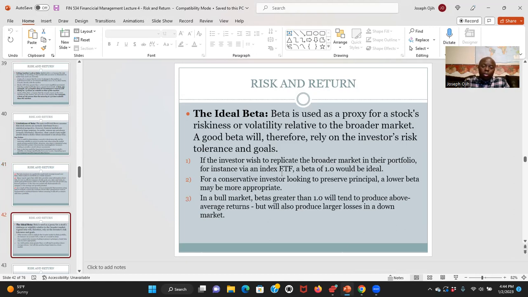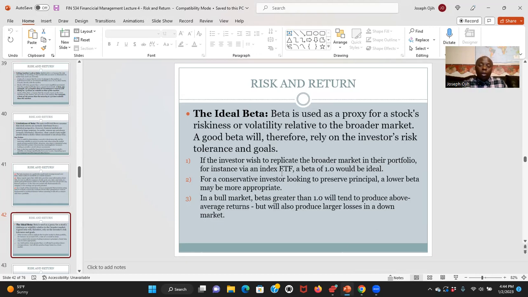Now, if an investor wishes to replicate the market in their portfolio, then they can use a beta of 1.0. That would be okay for them. But if the investor is a conservative investor who is more concerned about the future and preserving their capital, then a lower beta of say 0.85 or 0.90 should be good enough.